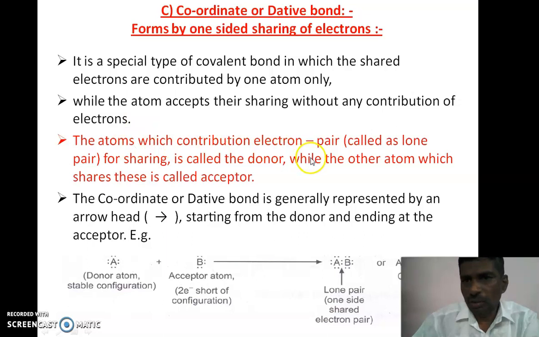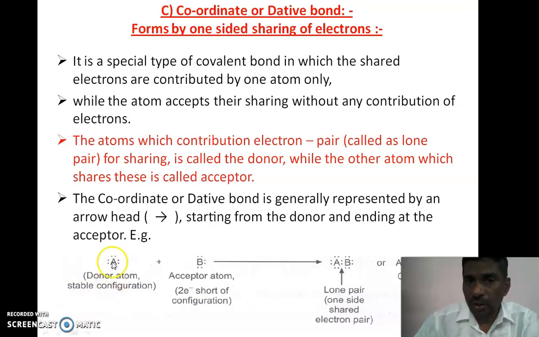The atom which contributes the electron pair for sharing is called the donor, while the other atom which accepts this electron pair is called the acceptor. It cannot contribute in the sharing.